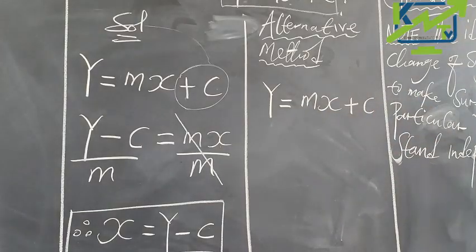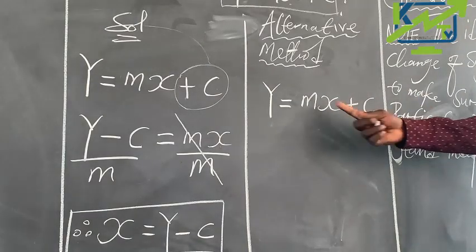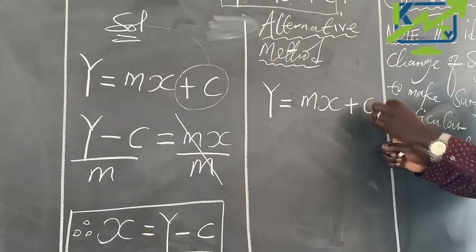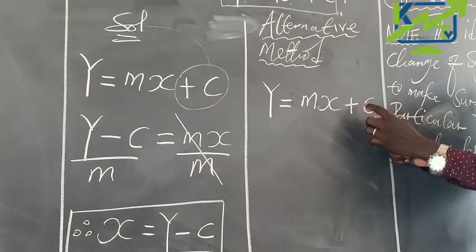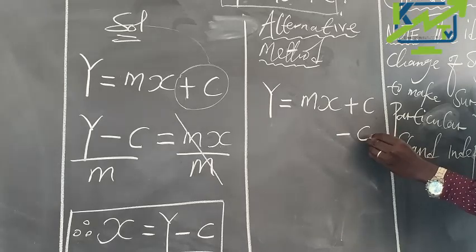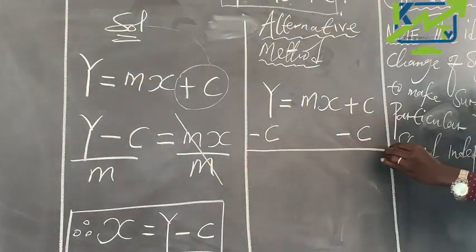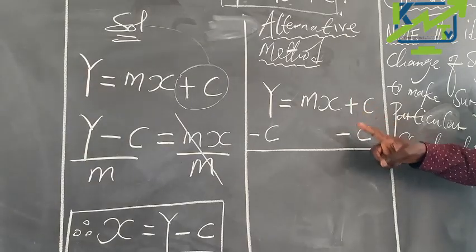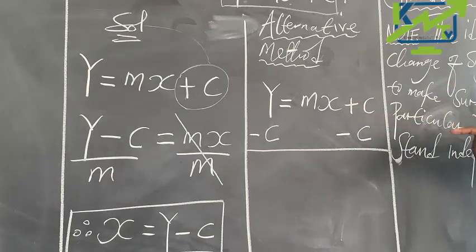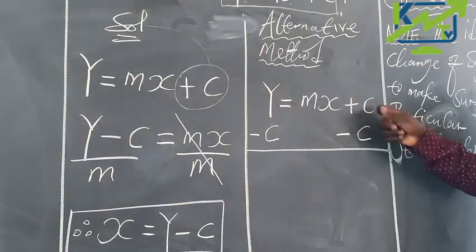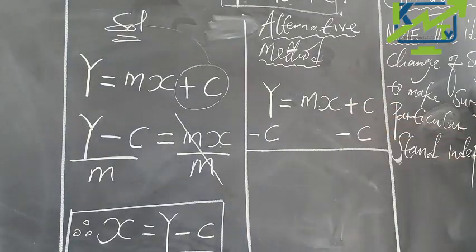Now here what we are going to do, since I want this term to stand alone on this side, I'm going to find the inverse of this. The inverse of plus c is going to be minus c, and likewise on the other side, minus c. I draw my line. So plus c minus c, when you go to integers, integers will tell you that the same term with different signs is always reduced to zero.